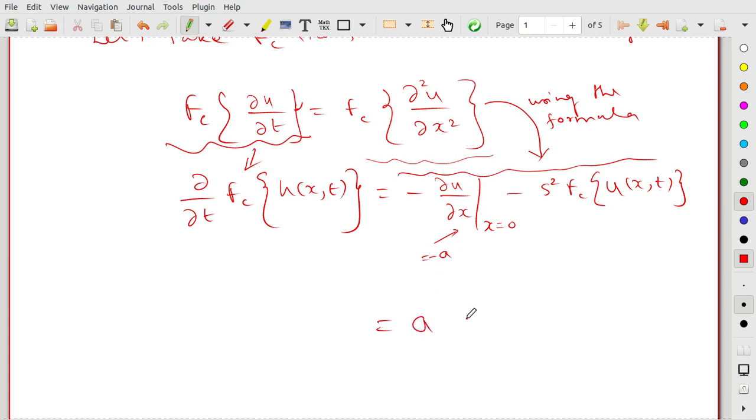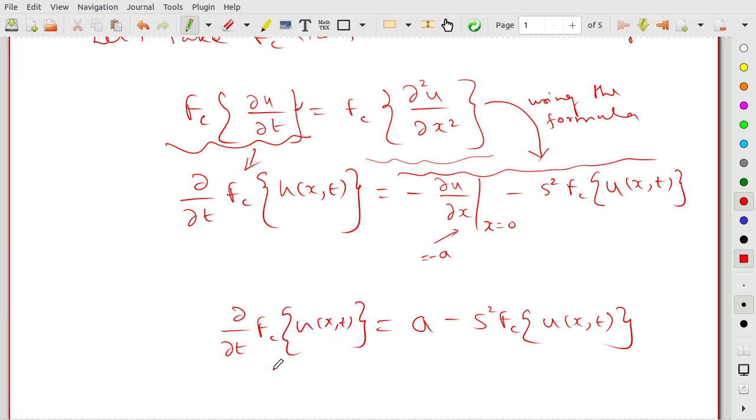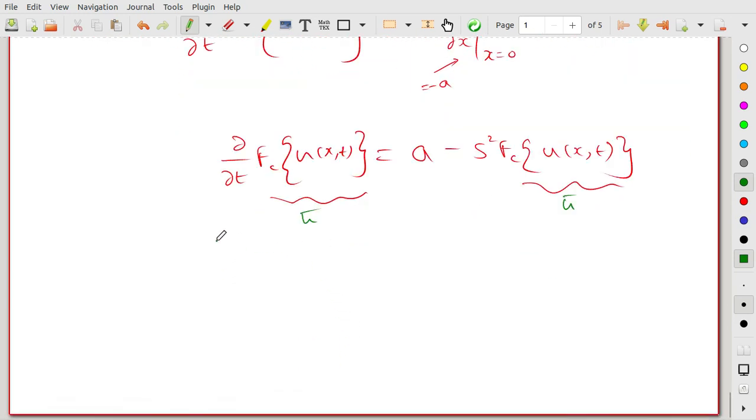Therefore we have minus s square times the Fourier cosine transform of u of x comma t, and on this side we have ∂/∂t of the Fourier cosine transform of u of x comma t. For simplicity, let's write the Fourier cosine transform as u bar.